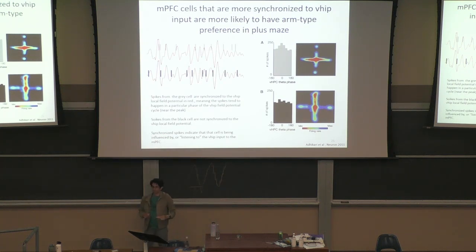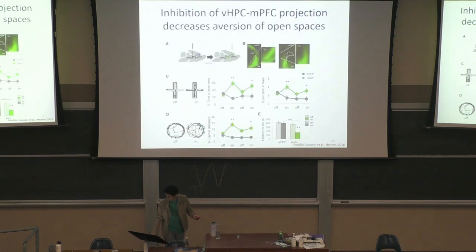So this suggested that the cells that were representing open versus closed spaces in the plus maze might be doing that by receiving contextual input from the ventral hippocampus. And then they use that contextual information to differentiate the open areas from the closed areas. And so this was then causally shown by a follow-up paper where they used optogenetics.